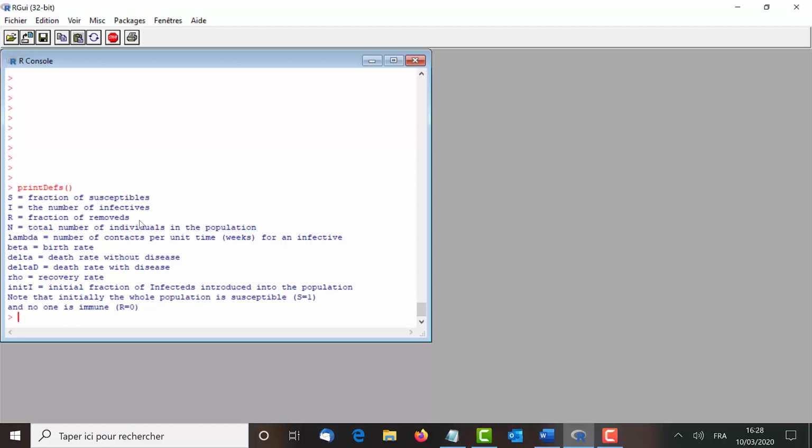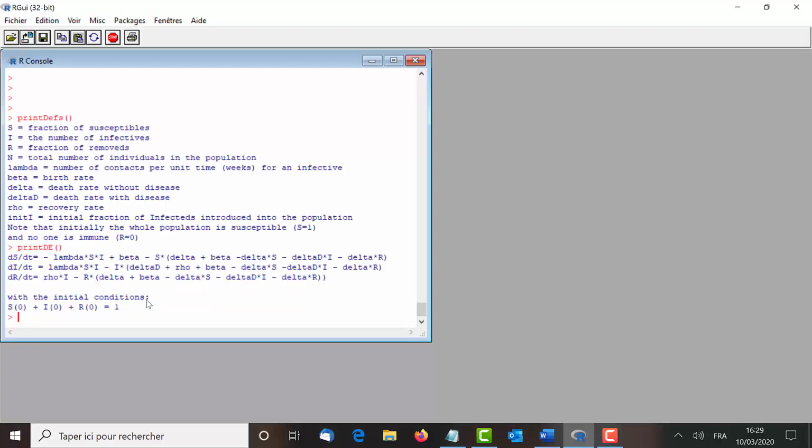S, I, R, and N is the number of individuals. Lambda, the number of contacts per unit time for an infective individual. The birth rate, the normal death rate, the disease-related death rate, and the recovery rate. So those are the parameters. Also, we said that we could print the differential equation if we wanted to and remind ourselves what it is. There are the differential equations that we are talking about. Most of you won't be interested in printing that again.